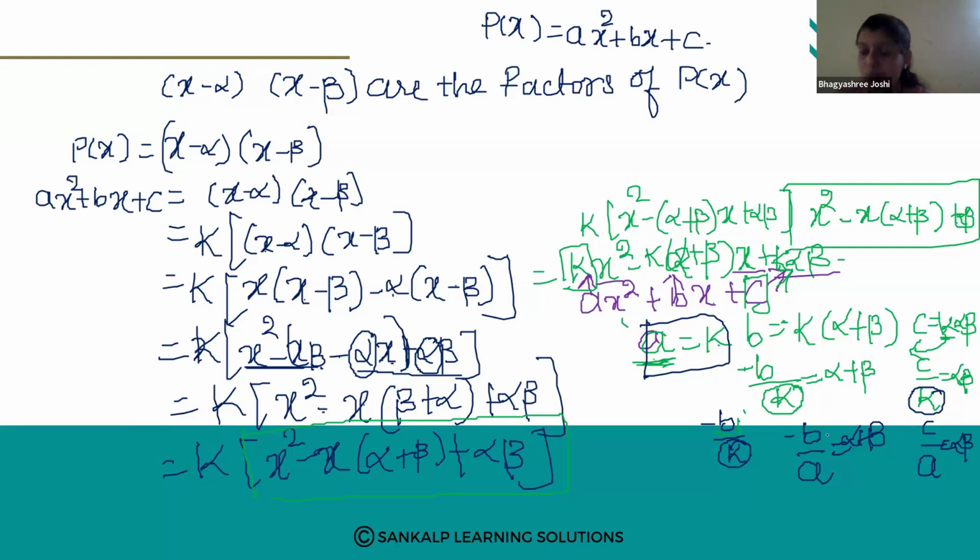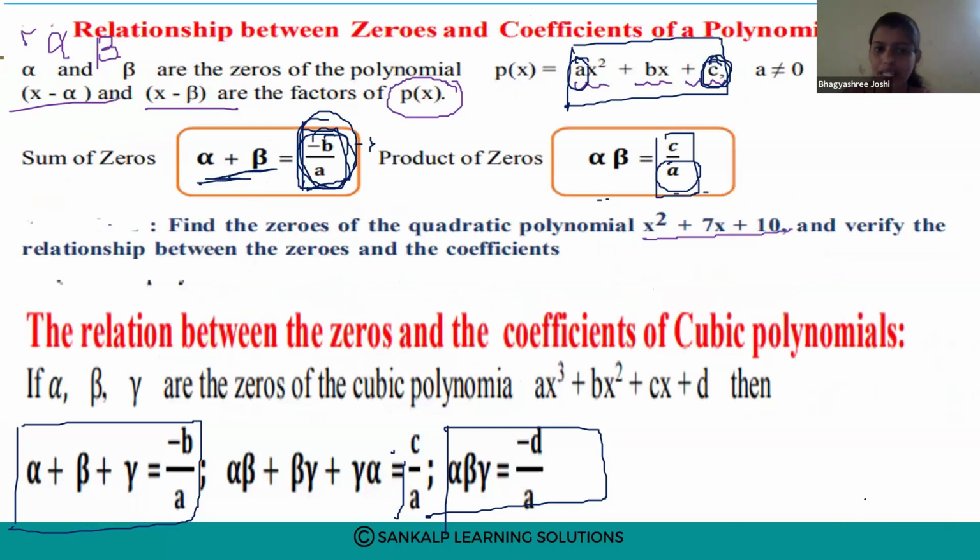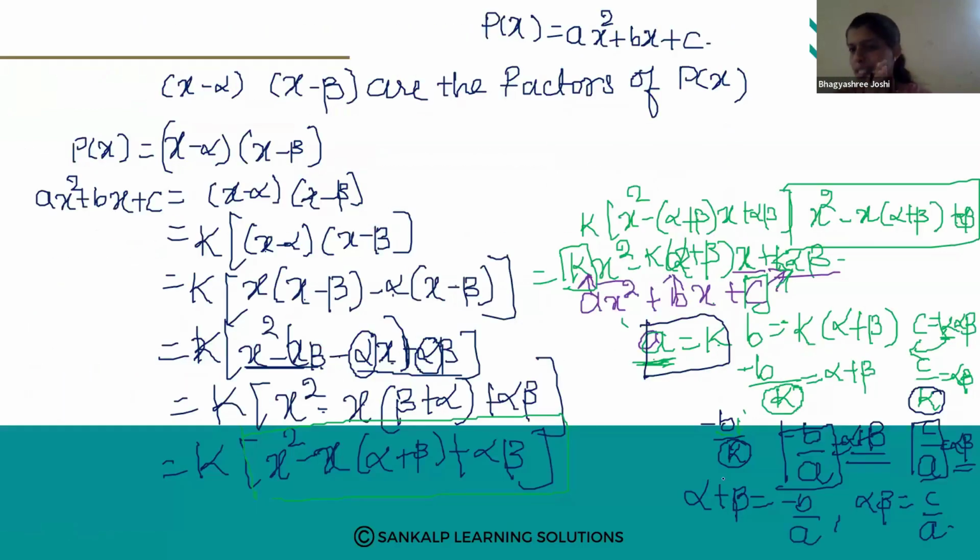Okay, so now I got two relations, that is alpha plus beta is equal to minus b by a, alpha into beta is equal to c divided by a. So this is our relation. Alpha plus beta is equal to minus b divided by a. Alpha into beta is equal to c divided by a.